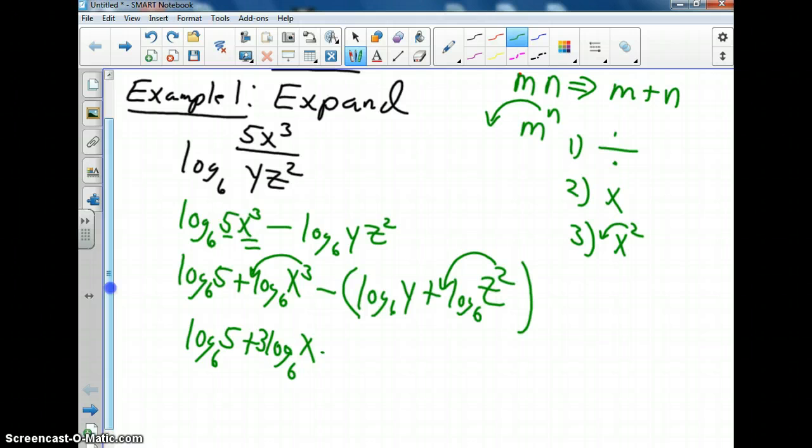All right, and then minus log 6 of y, and then, once again, swing the power, 2 log 6 of z. Okay, and that's the answer.